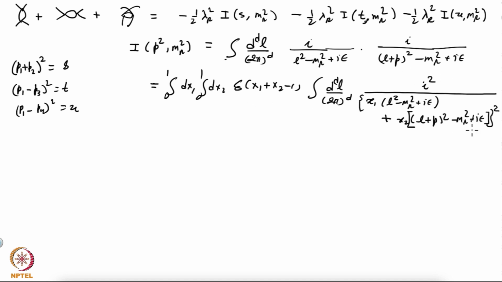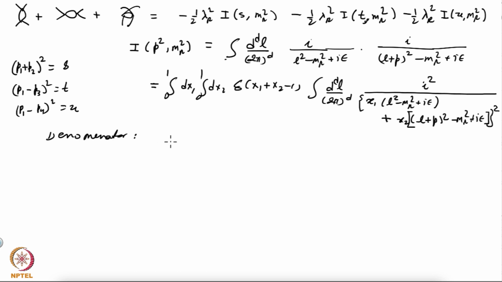So Γ(n) over Γ(1) gives you a factor of 1. Now you should integrate over x2, because there is a delta function, that integral is easy. And that will just leave behind only x1, which you can then use to write the denominator as the following.